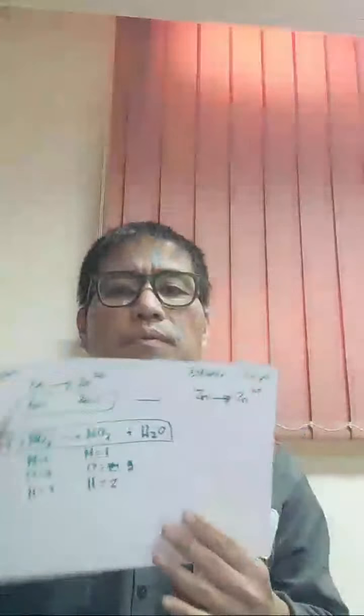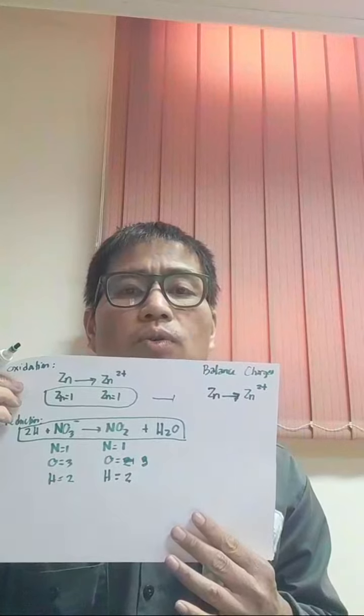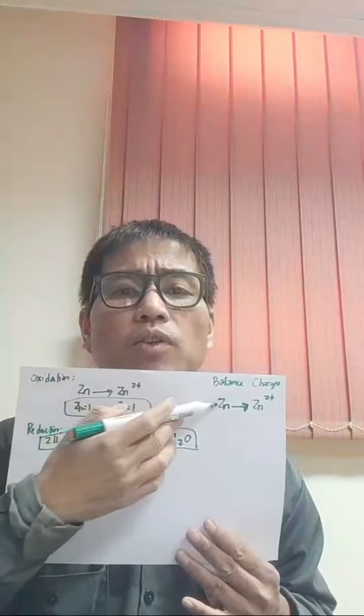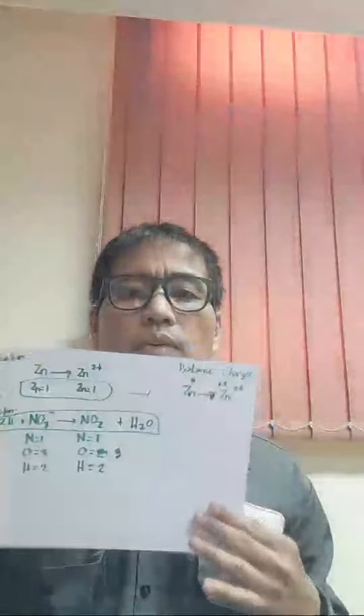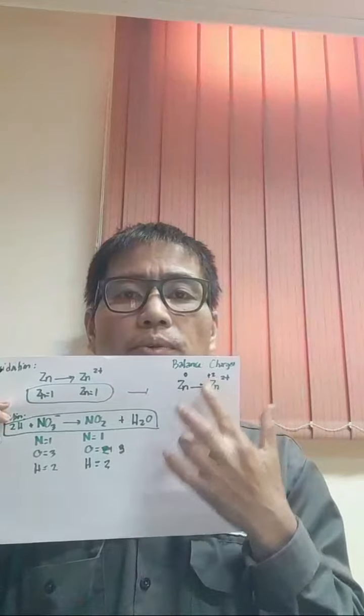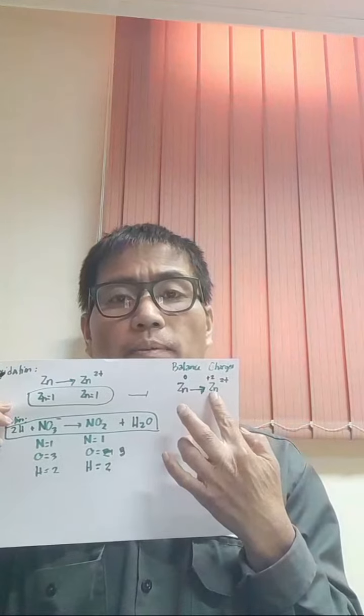So zinc equals zinc 2 positive. Zinc, this one is understood to be 0 because it is neutral. So 0 charge. And zinc is positive 2, and in the periodic table, we have the positive 2 charge of zinc.